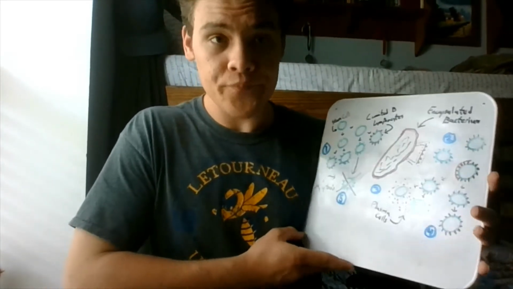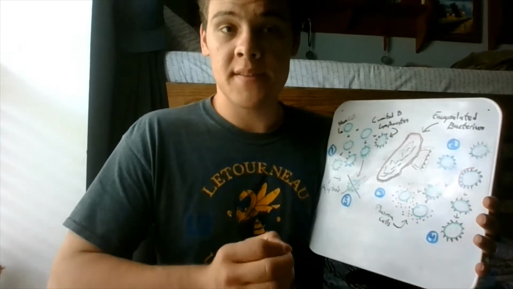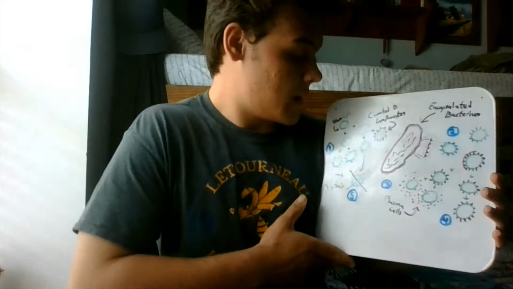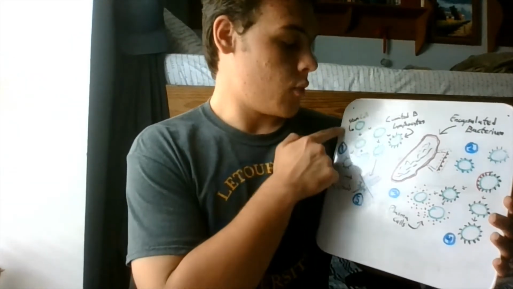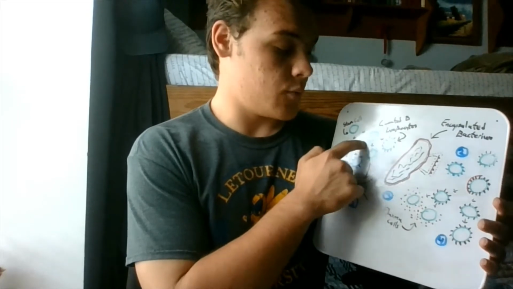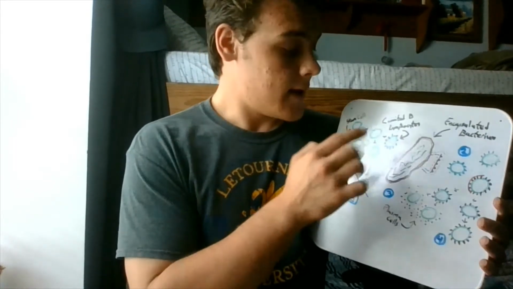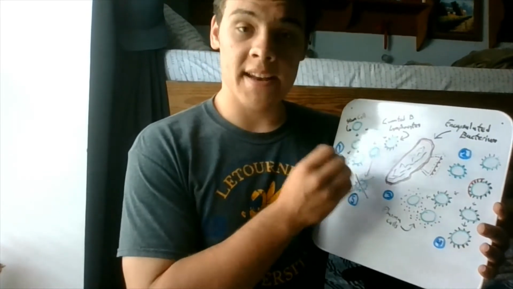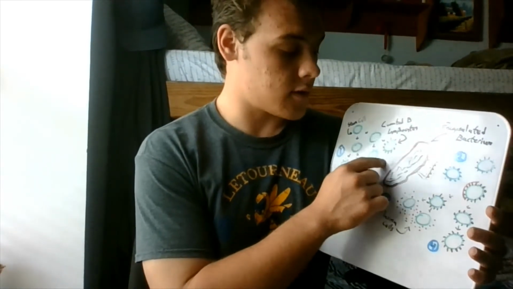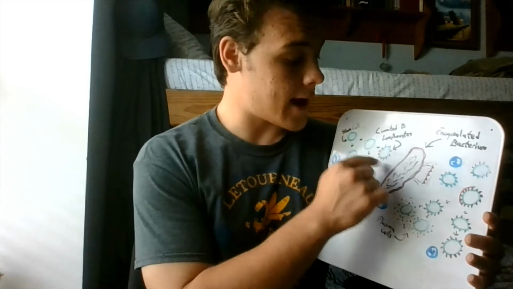But here we go. Step 1: each B cell becomes committed to produce one species of antibody. You can see this in the top left here. We're going to start with a stem cell. Those stem cells are going to differentiate. We know about pluripotency and such, but eventually they're going to get all the way down to specific B cells. Now these specific B cells are going to start producing antibodies on their outside.